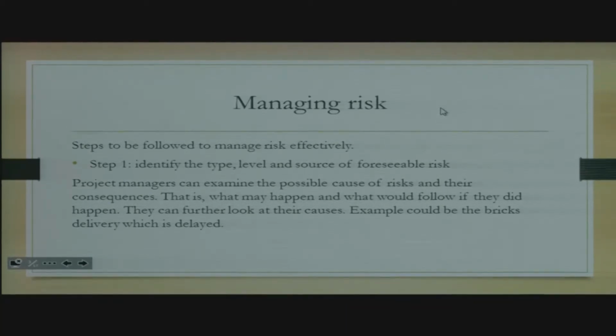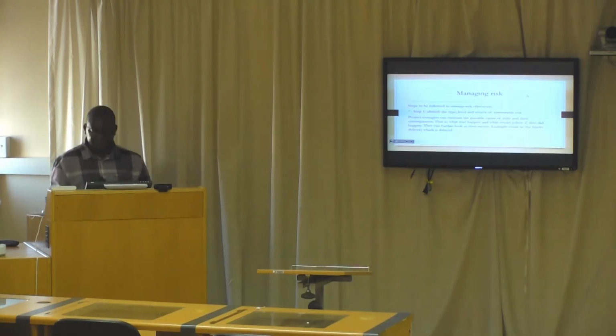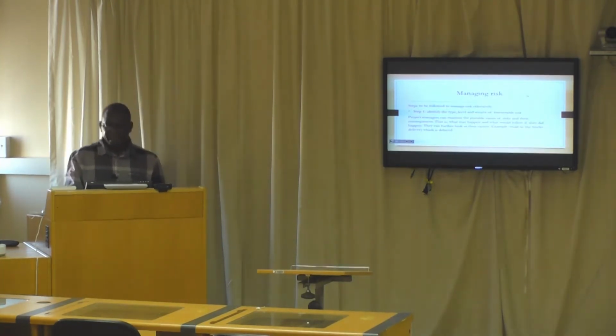That is a risk, because if whatever you need to use to build is delivered late, the people working on that project would be idling, waiting for the bricks to be delivered. So that will cause you to incur some unnecessary costs or losses. So that is a definite risk.